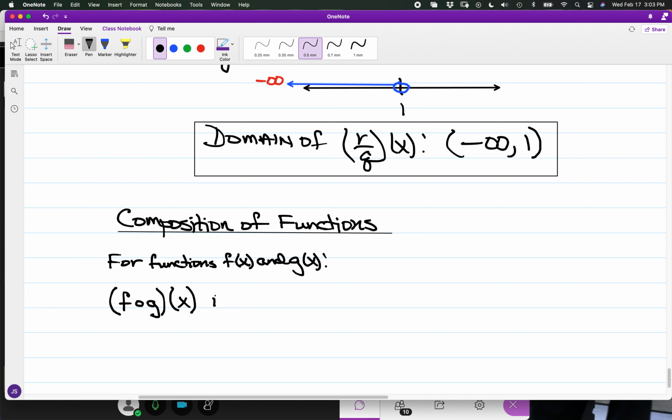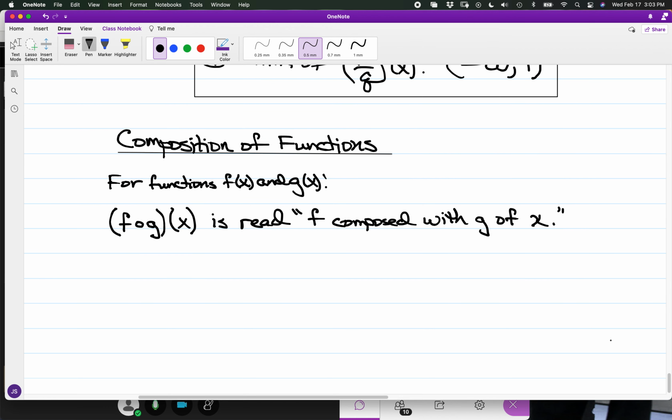So for this notation, this piece here is read f composed with g of x. And for what we have operationally, we have f composed with g of x.